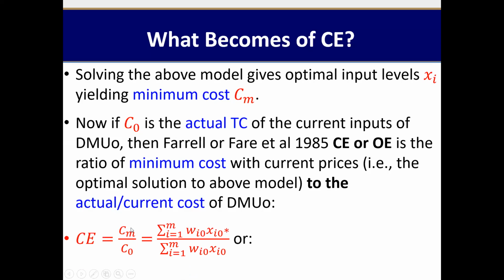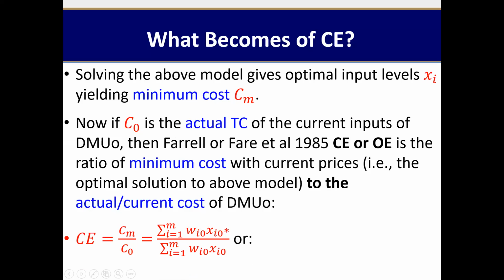CM divided by CO. Now, ideally, what you see here are a little bit of difference, but ideally, if we were to go directly, we can say that one of these is a star. Everything at the numerator is the same as the denominator, but the numerator is a star.